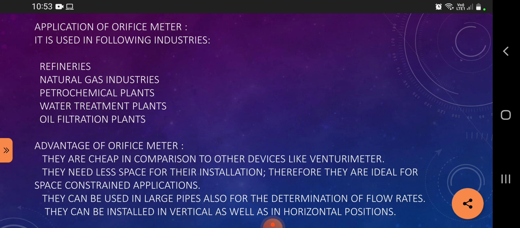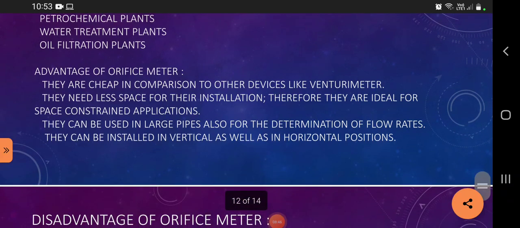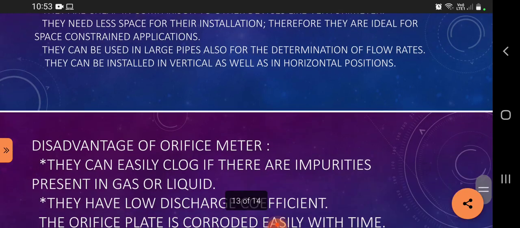They need less space for their installation, therefore they are ideal for space-constrained applications. They can be used in large pipes also for the determination of flow rates. They can be installed in vertical as well as in horizontal positions.